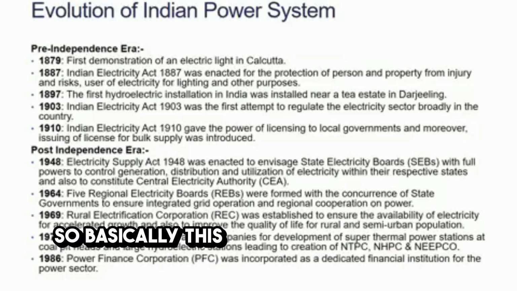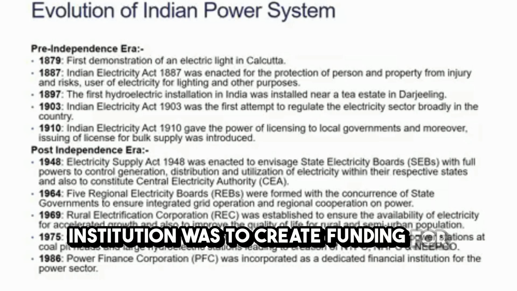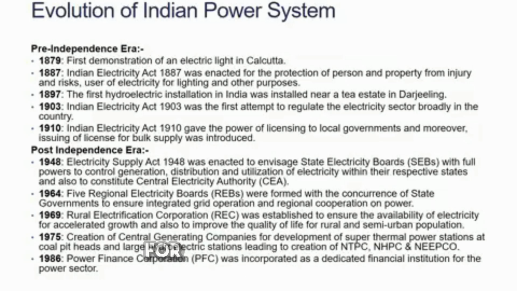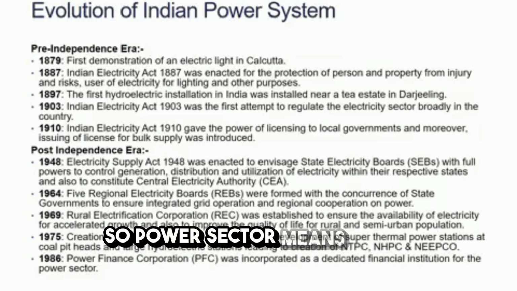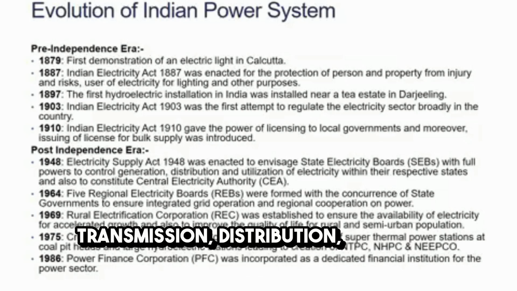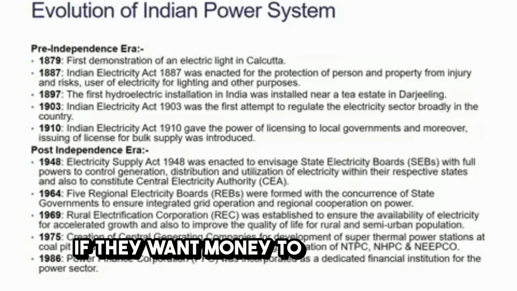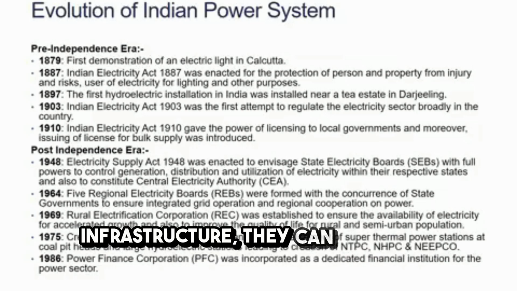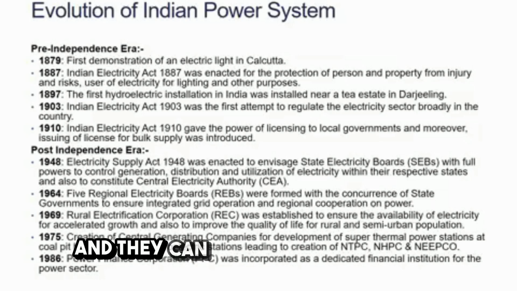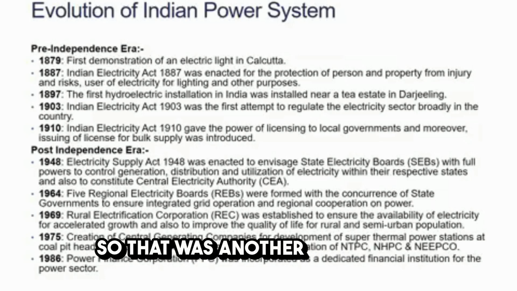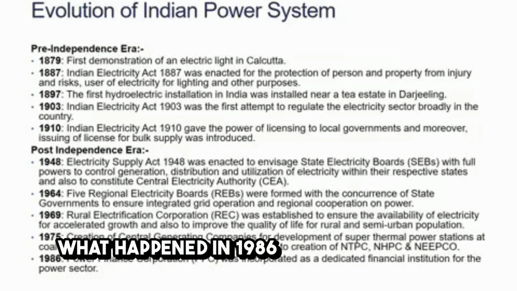The role of this institution was to create funding for the power sector. Power sector means generation, transmission, distribution; if they want money to develop their infrastructure, they can approach Power Finance Corporation and get money from there. So that was another advantage that happened in 1986 via this PFC.